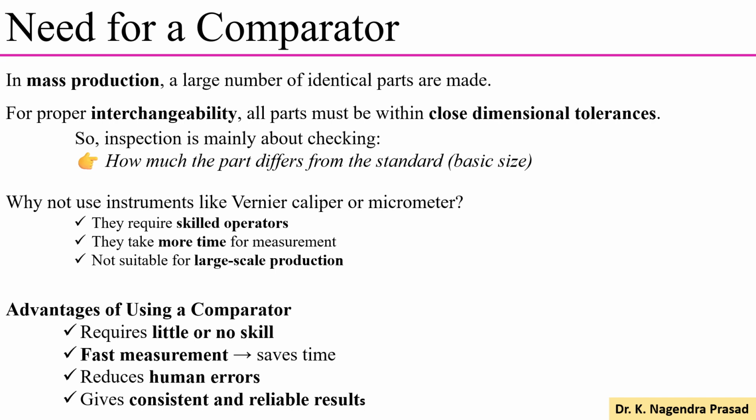Moreover, comparators give fast measurements, which saves time and reduces human errors. Errors like parallax error should be eliminated with the help of comparators. And comparators also give consistent and reliable results.